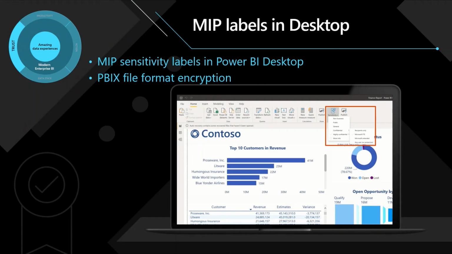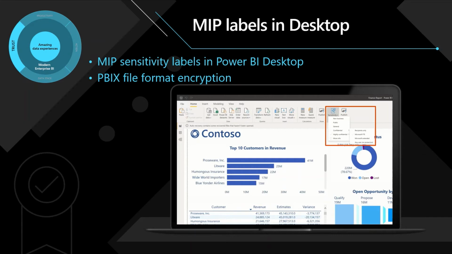So, after covering existing capabilities with sensitivity labels in Power BI, I would like to spend a few minutes sharing with you what is coming next. So, first of all, MIP labels in desktop. MIP sensitivity labels in Power BI desktop is a big ask for many customers, as most authoring experiences start from desktop.